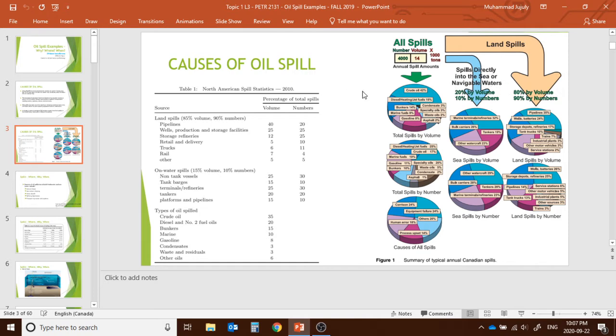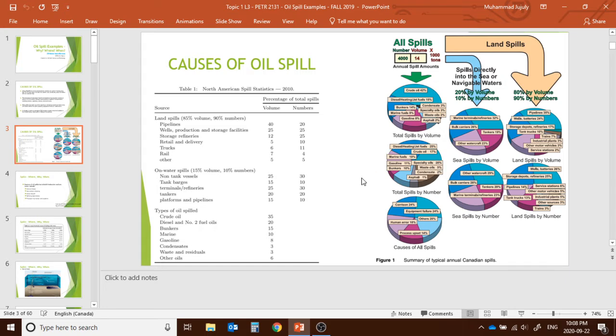Among those, if you look at the total spill, the crude oil spill was literally 42%, and others. This is total spill by volume, total spill by number. The highest is diesel, heating, or jet fluids, followed by crude oils and other different types of oil.